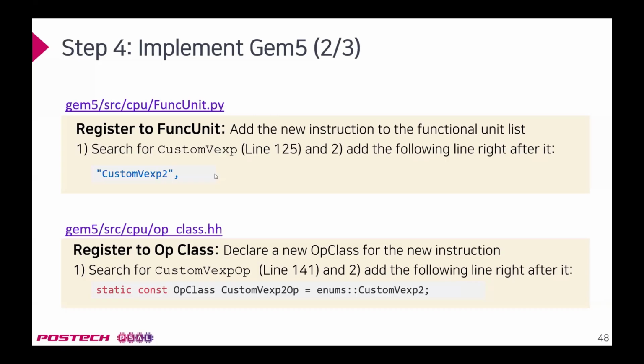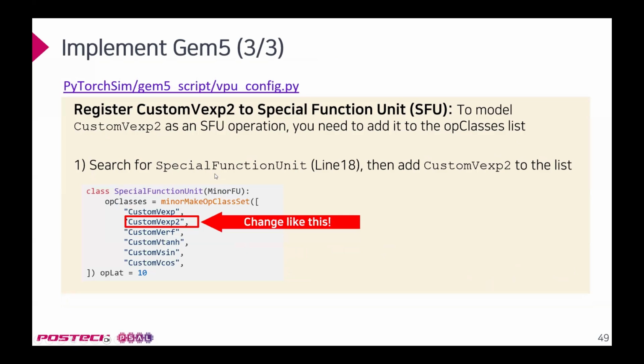Okay. Now, after that, this is the final step. We need to configure how this instruction is modeled in the hardware. So open the VPU config py and add custom v exponent 2 to the special function unit list. Since exponent 2 is a complex mathematical operation, we modeled it as an SFU operation.